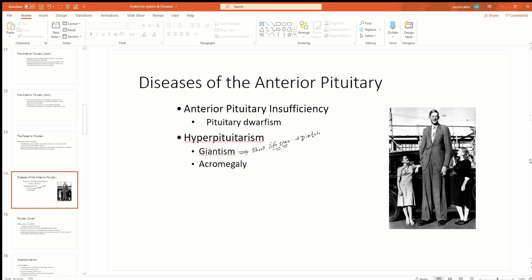Diabetes, and that will cause disease of the heart and kidneys and other organs. So the lifespan of giantism people is shorter than normal average people. Almost every giantism person gets diabetes mellitus.